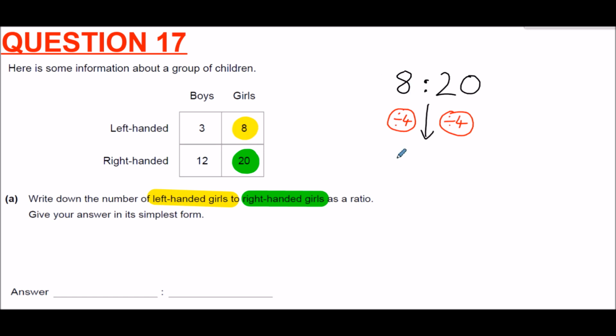So 8 divided by 4 becomes 2, and 20 divided by 4 is 5. And so as a fully simplified ratio, for every 2 left-handed girls, we have 5 right-handed girls.